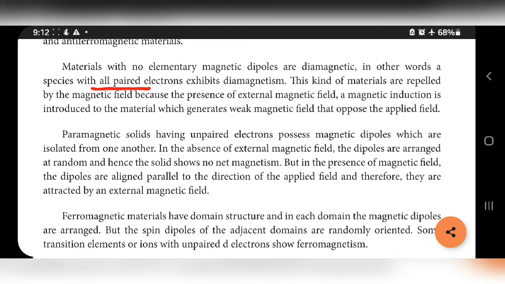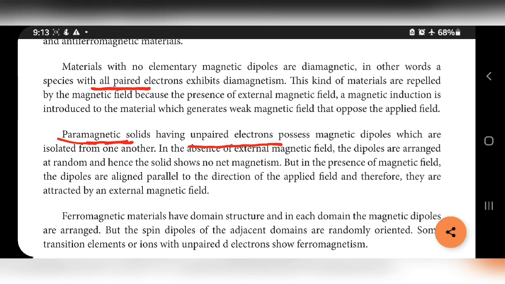Next paragraph: paramagnetic solids have unpaired electrons. Already I told you, diamagnetic means all the electrons are paired. If it contains unpaired electrons, that is called paramagnetic. Unpaired electron means single electron.